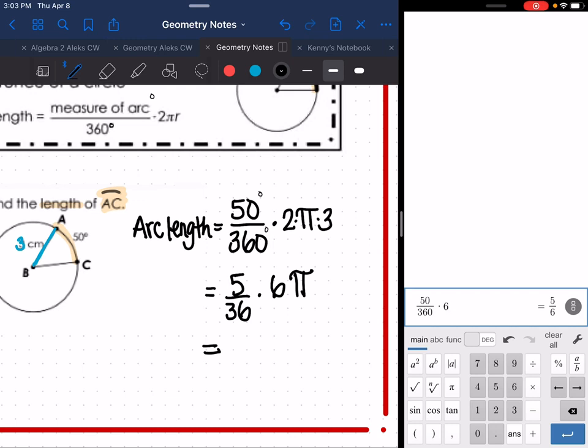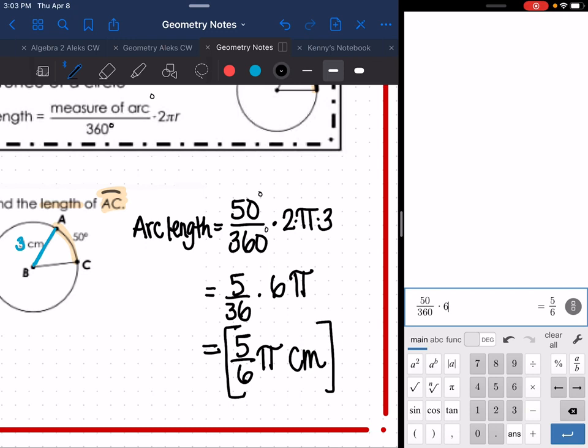Is that correct? Yeah, that's right. All right, so my answer will be 5 over 6 pi, and my units are going to be centimeters, just centimeters because we are talking about length. And remember, the arc length is just a part of the circumference.